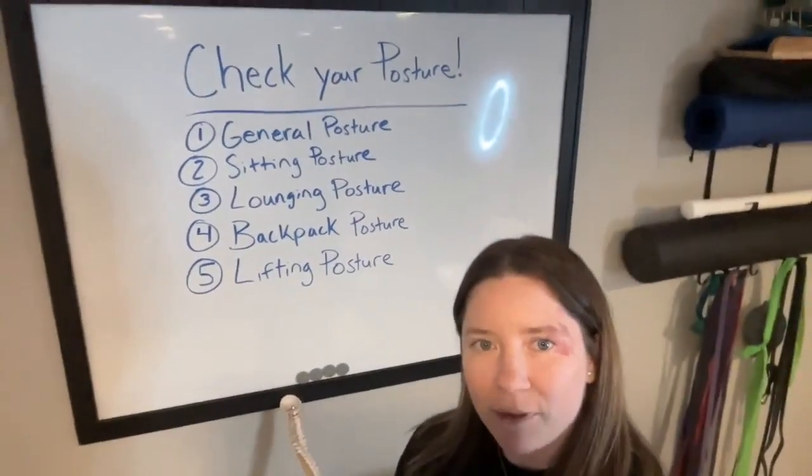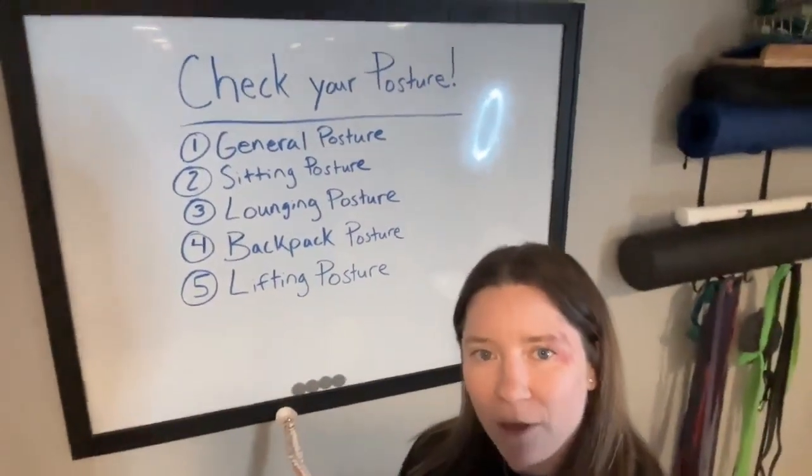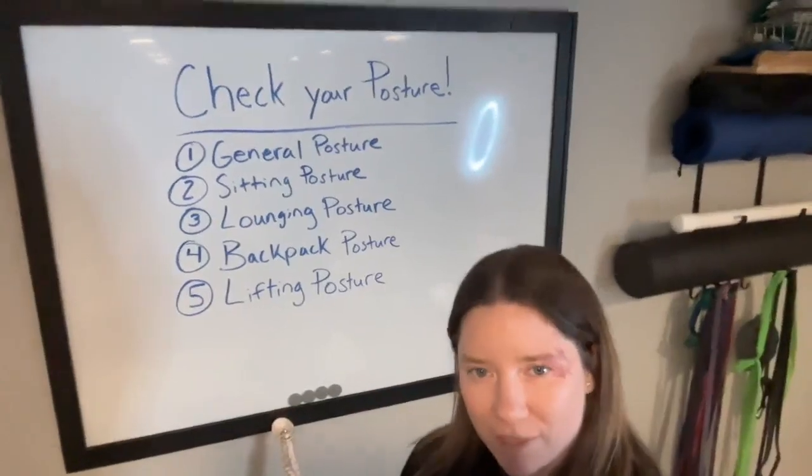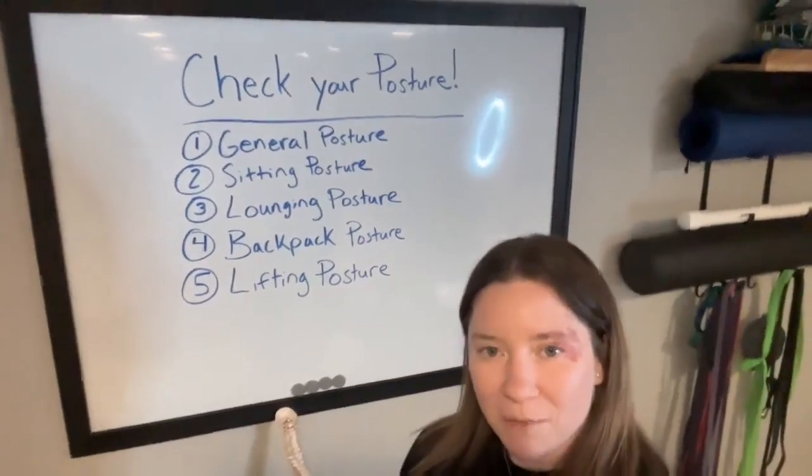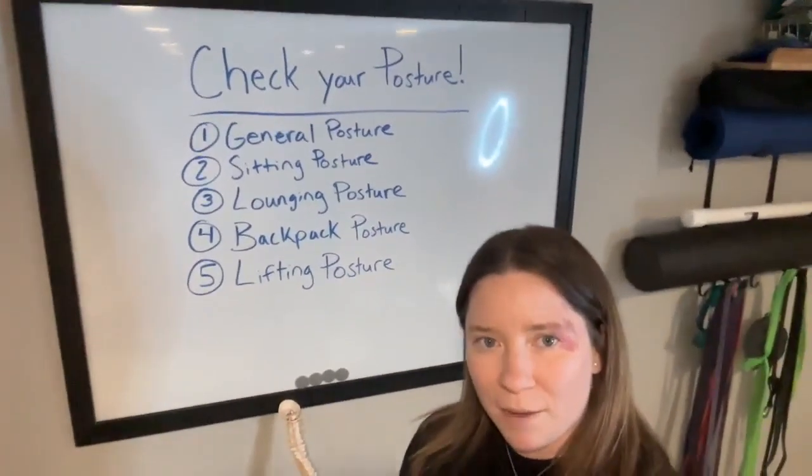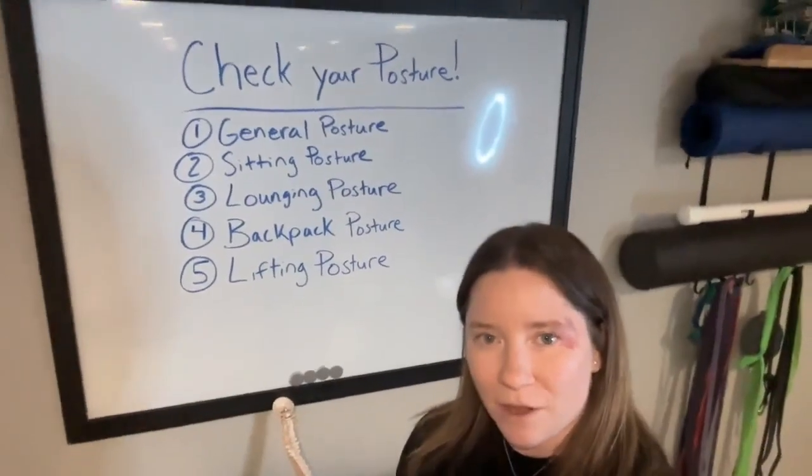Then we're going to go over sitting posture, lounging posture, backpack posture, and lifting posture. So lots of different parts of posture just to give you guys a comprehensive lesson here. And I know we also had a few questions that were posted in the preliminary post, so we will go over those at the end as well.